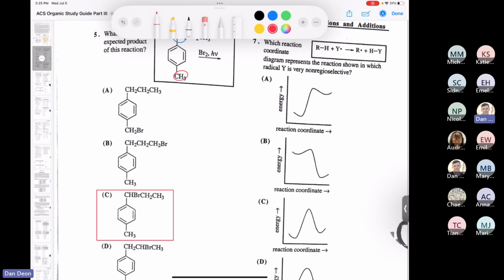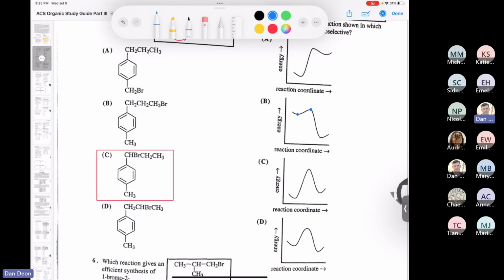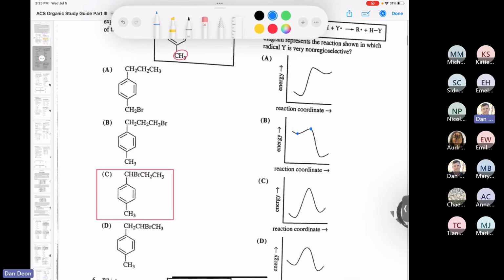Because if it's non-regioselective, based on the Hammond postulate, if this is your intermediate where I have the little blue dot, it's going to look mostly like the starting material, right? If you look at all the other ones, you can see that the intermediate is pretty far away in energy from the starting material.